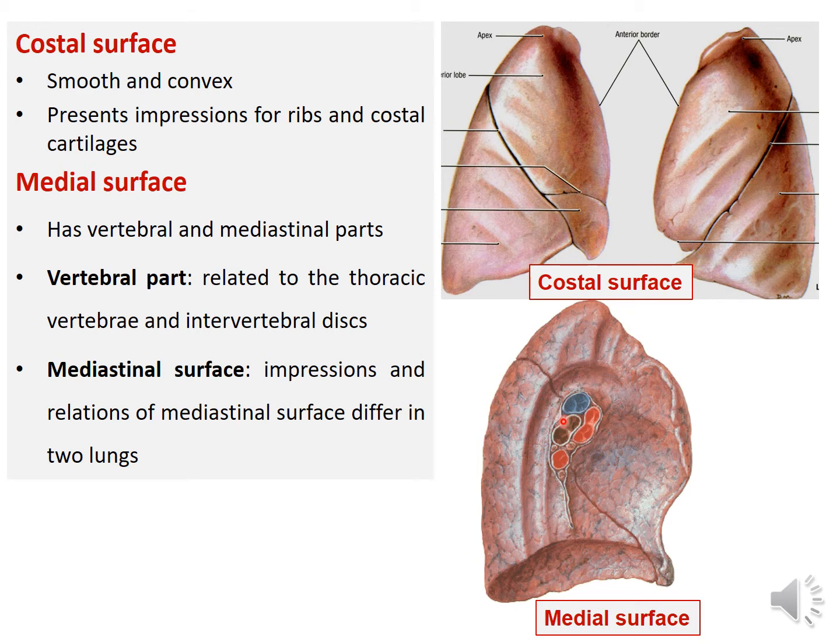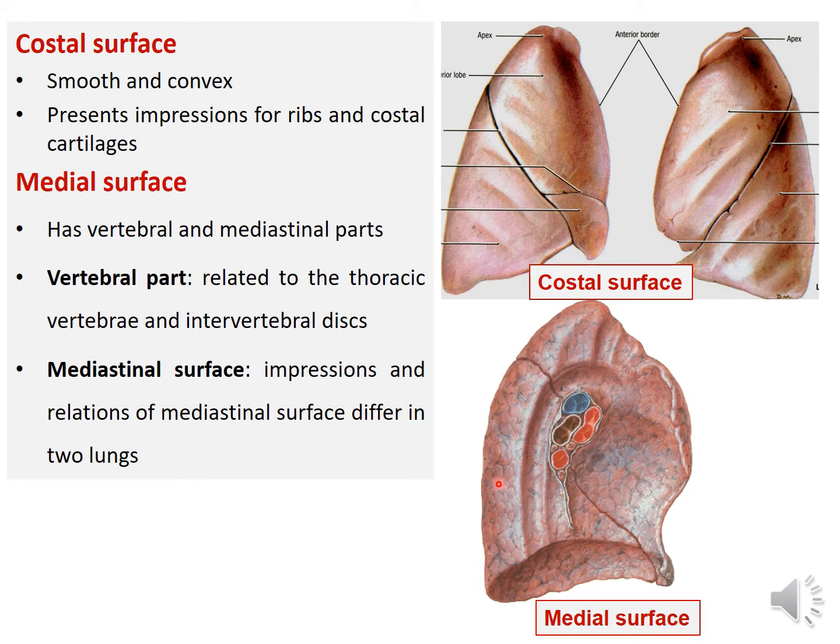And here this is the medial surface. The medial surface has two parts. The anterior, the wider part is called the mediastinal part, or you can say mediastinal surface, and the posterior small portion is called the vertebral part.